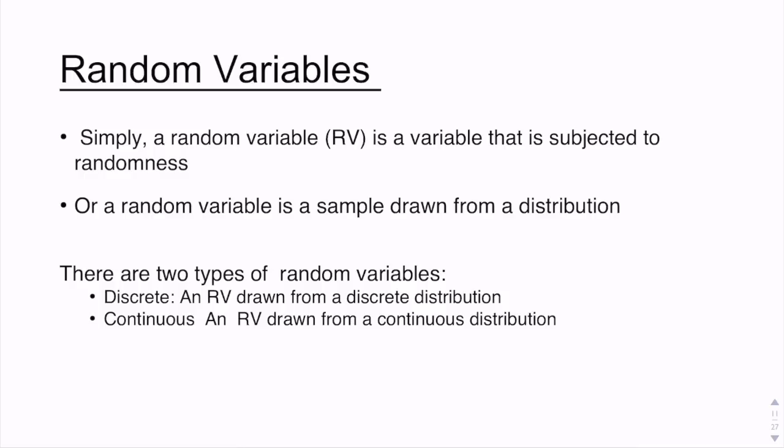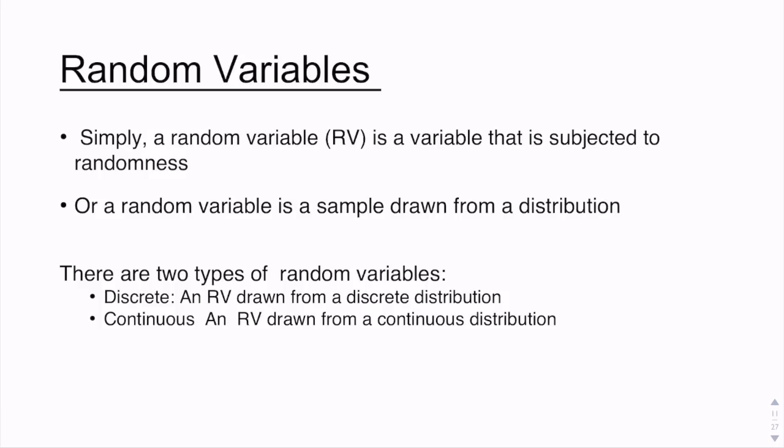Another way to define a random variable is a variable that is drawn from a distribution. So if we consider a population and assume this population follows a distribution, then if we select a sample from this distribution, that's a random variable.